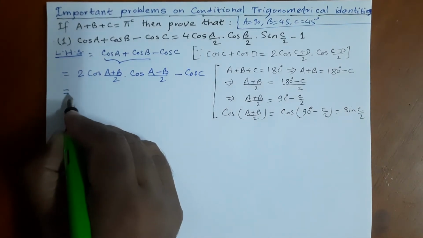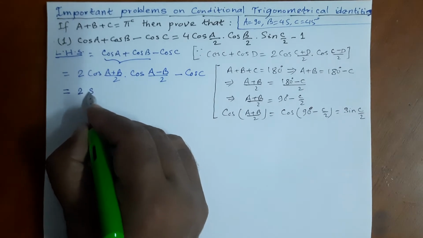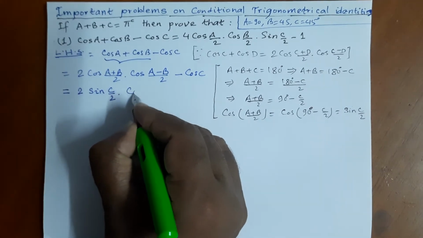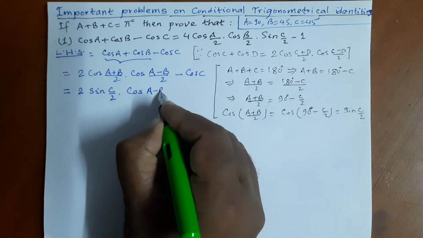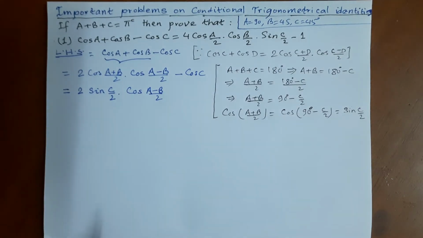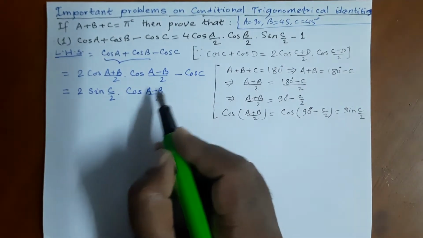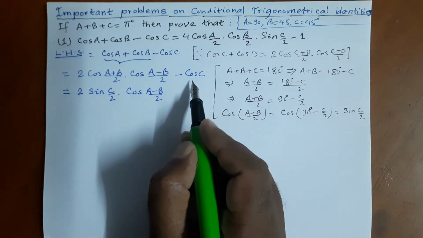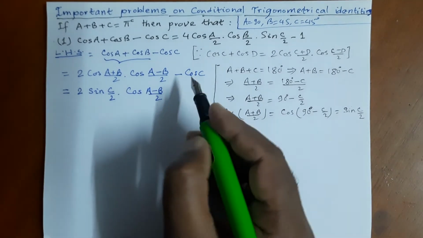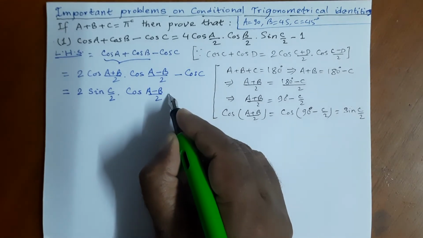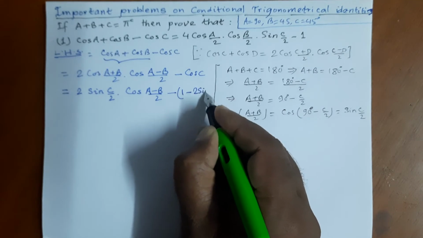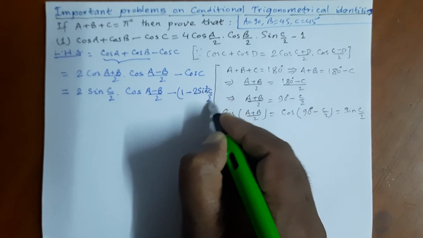This equals 2 sine C over 2 times cos of (A minus B) over 2. As here we have sine, if we change the rest also in terms of sine, then we can take out a common factor. So the cos C formula in terms of half angle is 1 minus 2 sine square C over 2.